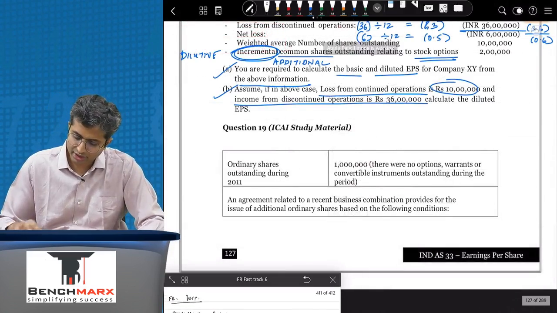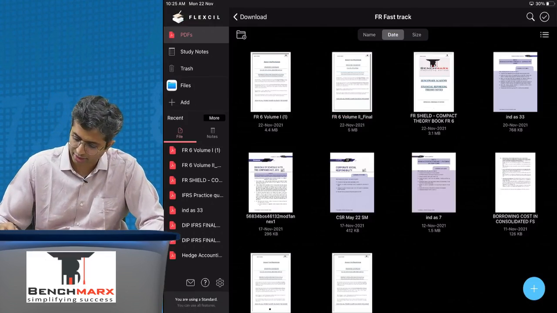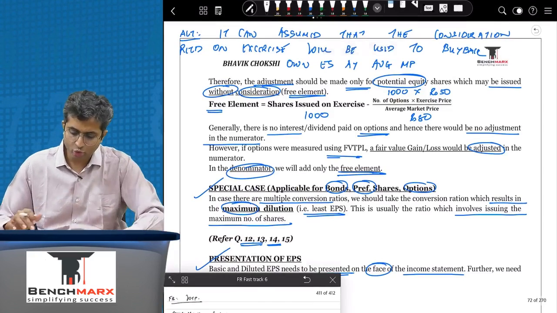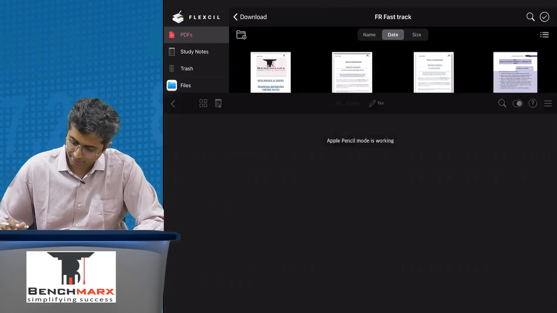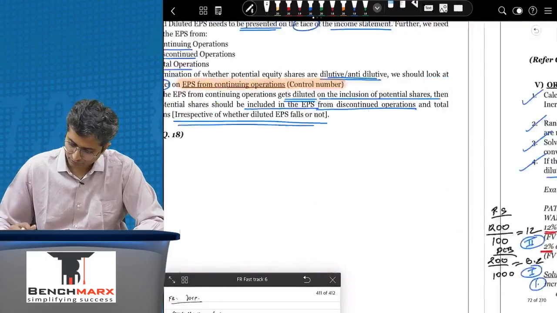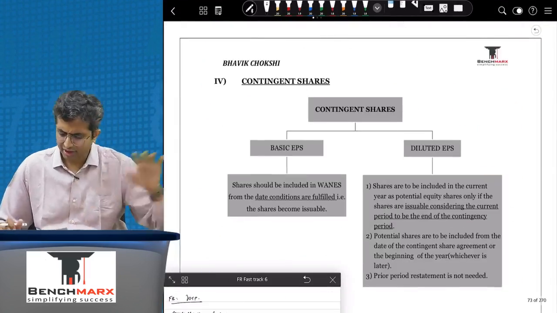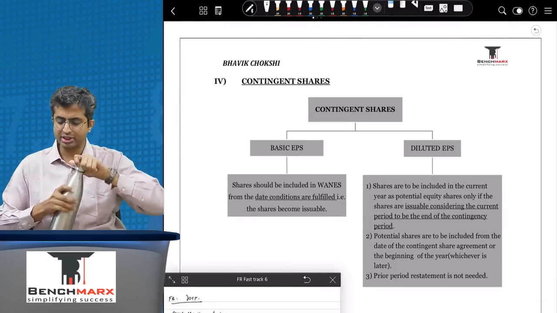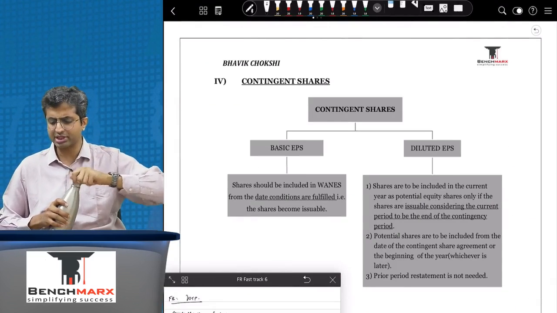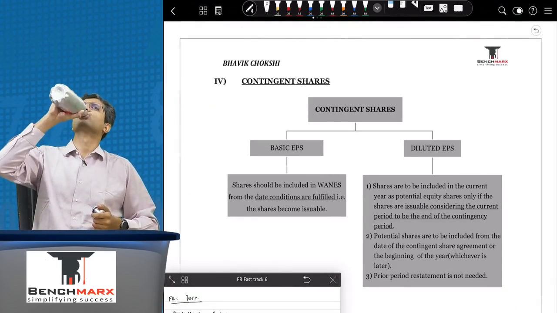Okay, based on that, you will read the theory once and then go to the numerical. So we will go to page number 73. There is a chart on contingent shares. Let us go through that chart. So there are two possibilities. There is basic and diluted.